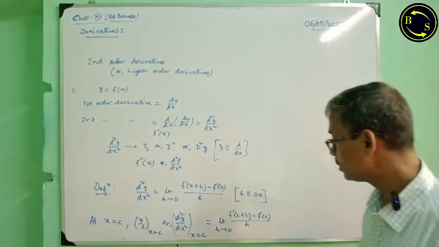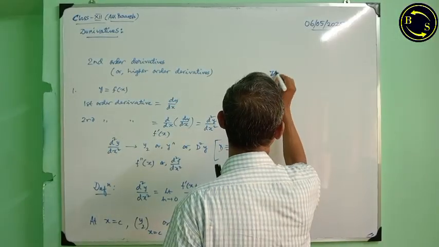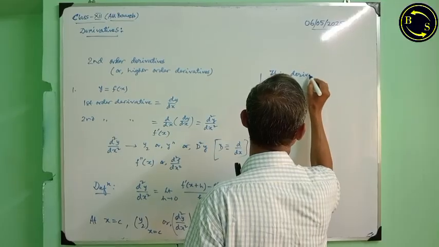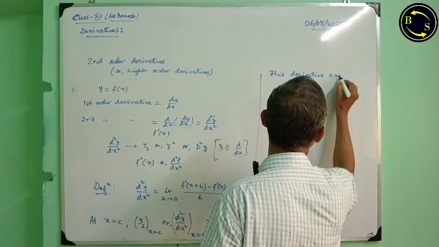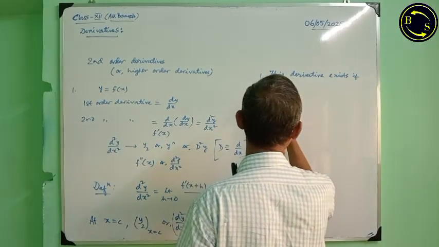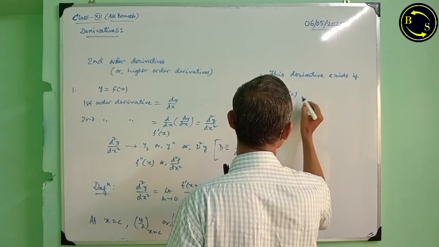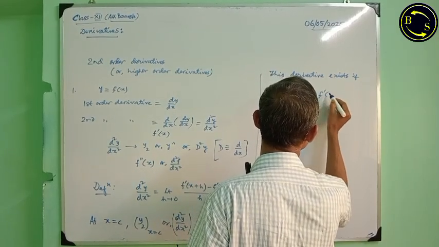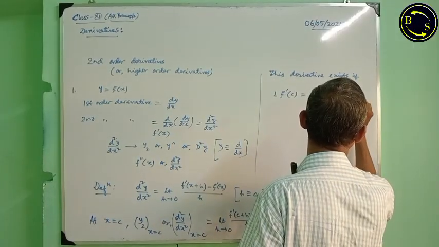We express that by writing this derivative exists if L f dash at the point c be equal to R f dash c, of course finite.